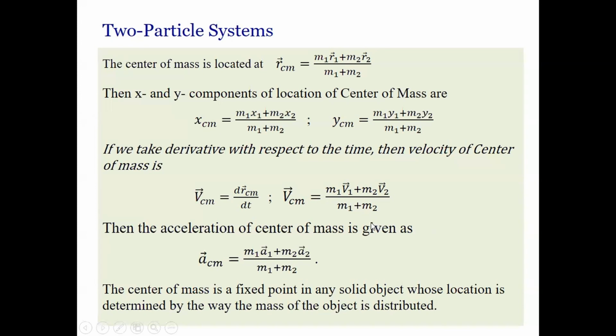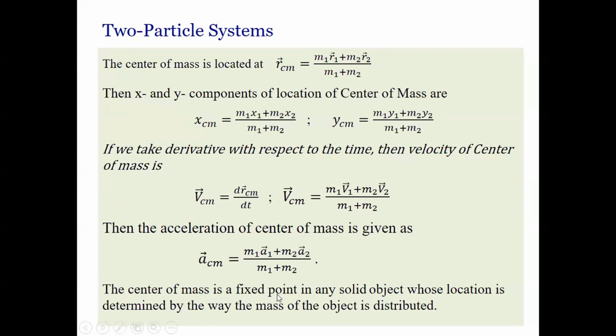If there is acceleration of the center of mass, it can be calculated by taking another derivative of this velocity, and dv over dt will be the acceleration of the center of mass from this equation. It will have m1 times acceleration a1 plus m2 times a2 divided by m1 plus m2, where a1 and a2 are the accelerations of particles m1 and m2 respectively, and they are basically the derivatives of v1 and v2.